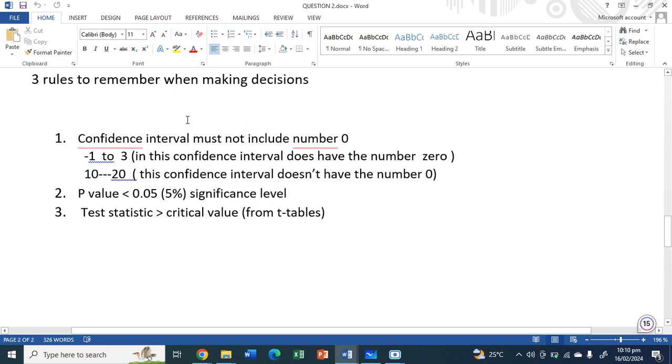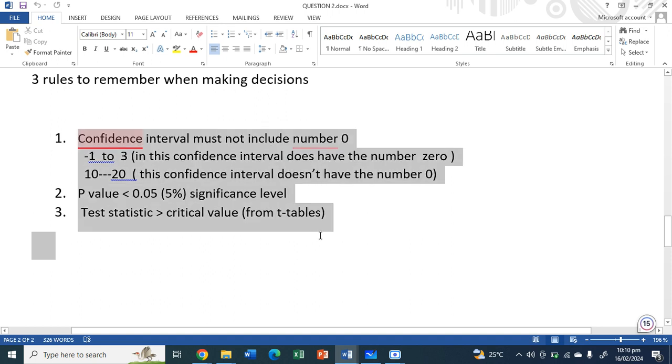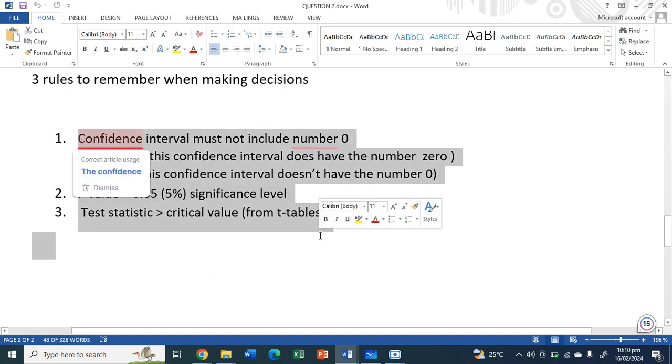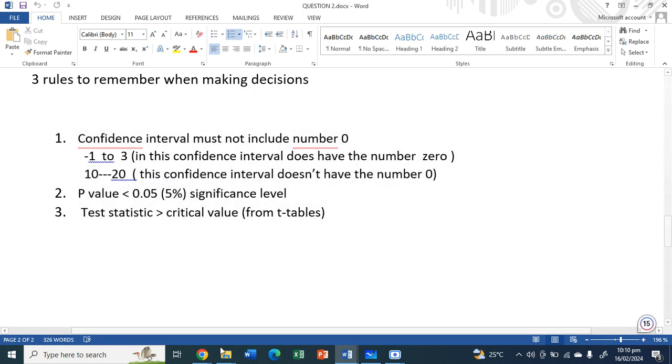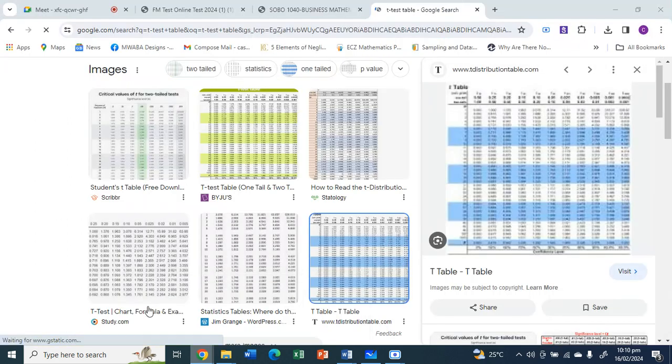For this test, before we can make a decision, we'll go through these three guidelines to make sure that there is a significant difference between the means, which translates to the training exercise being effective. All right, here it is.